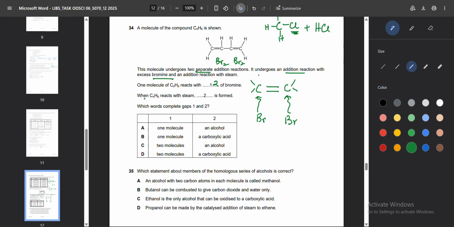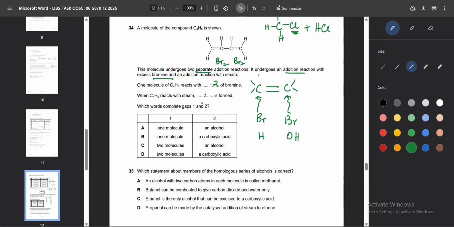And the next addition reaction is when C4H6 reacts with steam. Steam means water, and when water splits up, it splits up into hydrogen ions and hydroxide ions. So when the hydroxide ion adds, or you can say steam adds across the double bond, what is the product? The product is an alcohol.